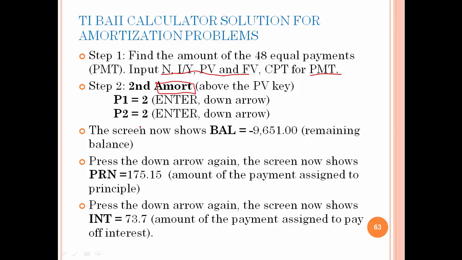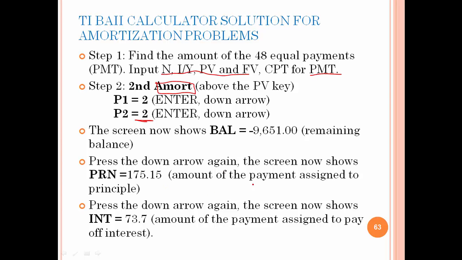And by the way, for TI BA II Plus users, you should also be able to find a detailed instruction of this in your video tutorial by the end of the tutorial from that video on D2L. Okay, so once you do P1 is 2 and P2 is 2, you see that your screen will show BAL equals this much. So that is the remaining balance after 2 months, or say 2 payments.